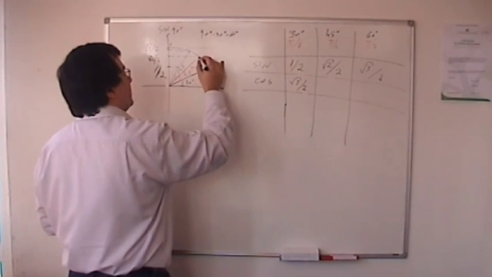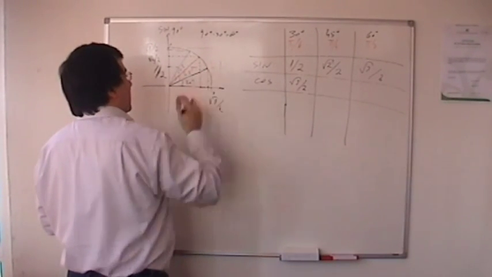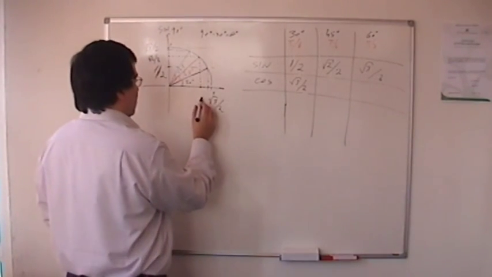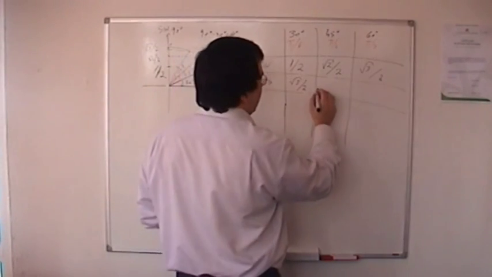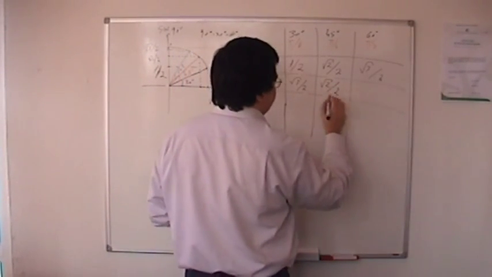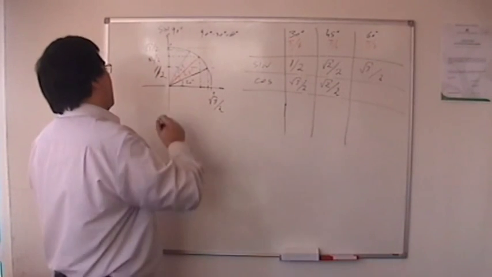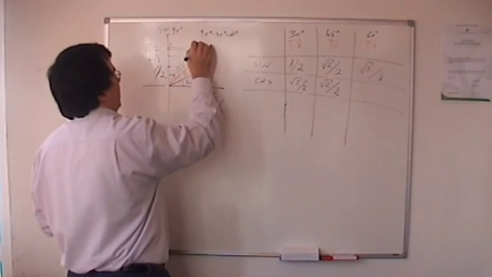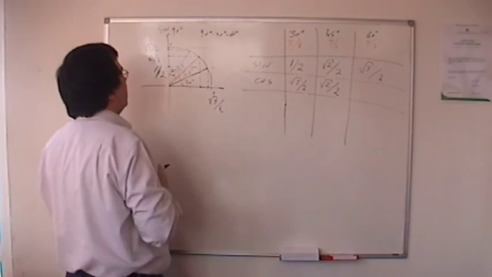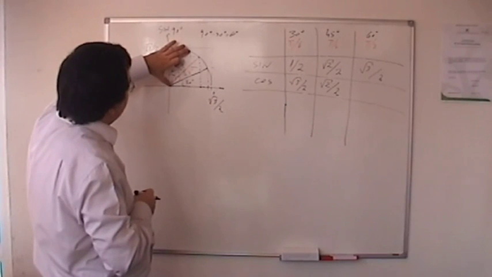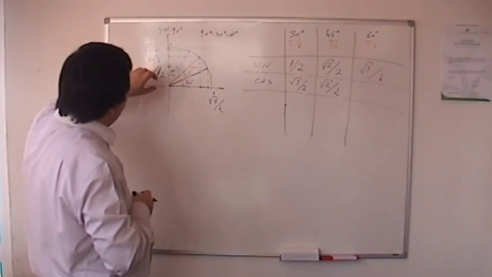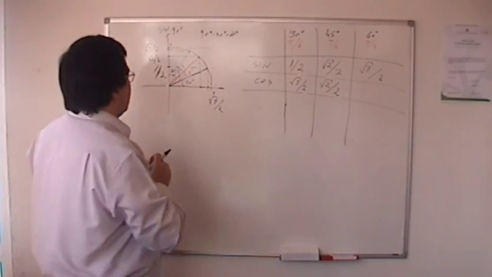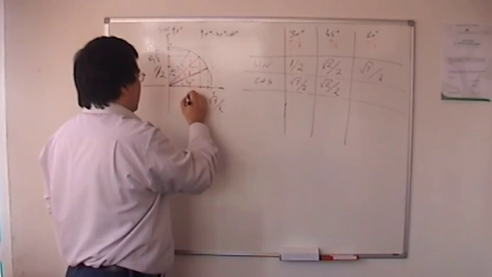For 45 degrees, this will be the same value of the sine. So cosine of 45 will be square root of 2 over 2. For 60 degrees, we will find that 90 minus 60 will be 30 degrees. So the value of the cosine of 60 degrees will be the same value of the sine of 30. So it will be 1/2.